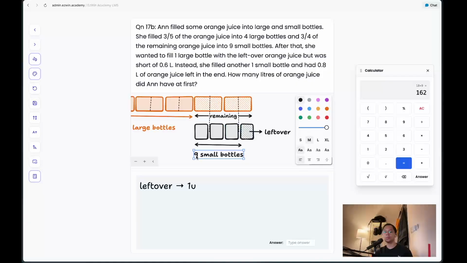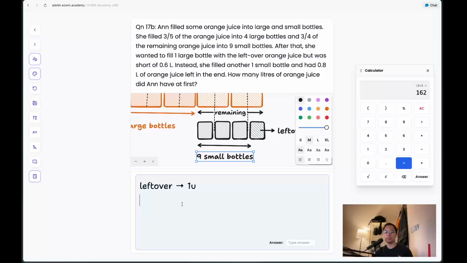So we also know that 9 small bottles. Let me just put the 1 unit over here. Everything here is 1 unit, 1 unit, 1 unit, and also 1 unit in this case, right? So we know that 3 units is equal to 9 small bottles. Then 1 unit is equal to 9 divided by 3, which is equal to 3 small bottles.